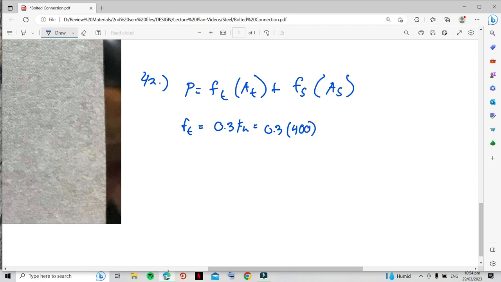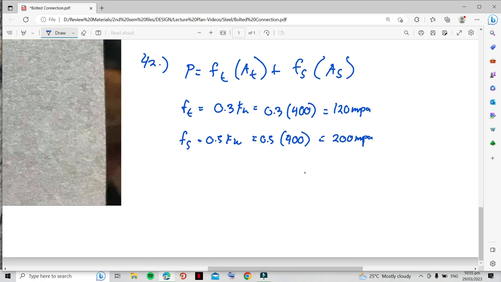Okay. So the stress in tension is equal to 0.5 of Fu, which is times 400. So this is 1/2, so this is 200 MPa, and 120 MPa. Okay, so what's missing is the area experiencing tension and the area experiencing shear.